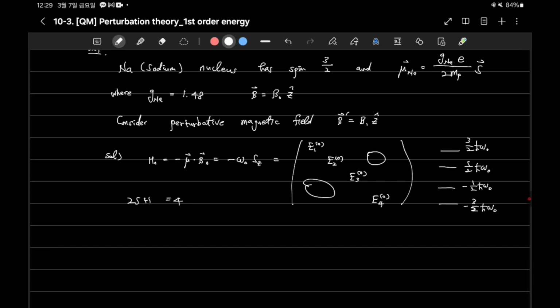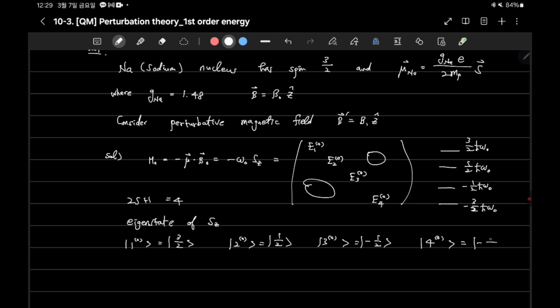And also in this case the energy eigenstates of Sz: the first state for the unperturbed state is the spin 3/2 state, the second one is 1/2, the third state is minus 1/2, and the fourth state is minus 3/2, like this.